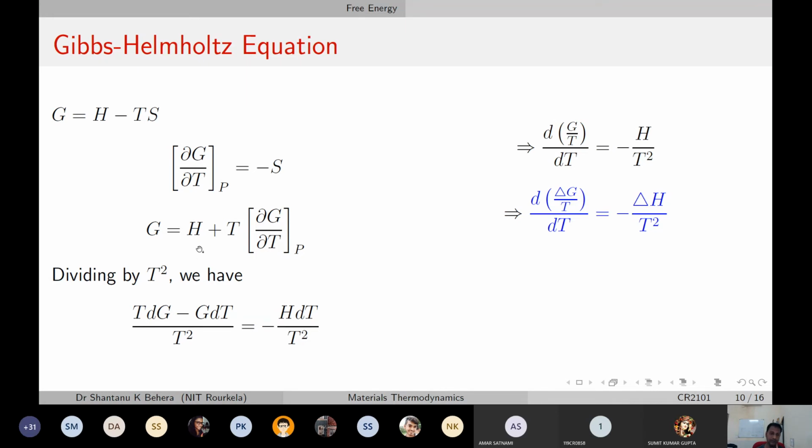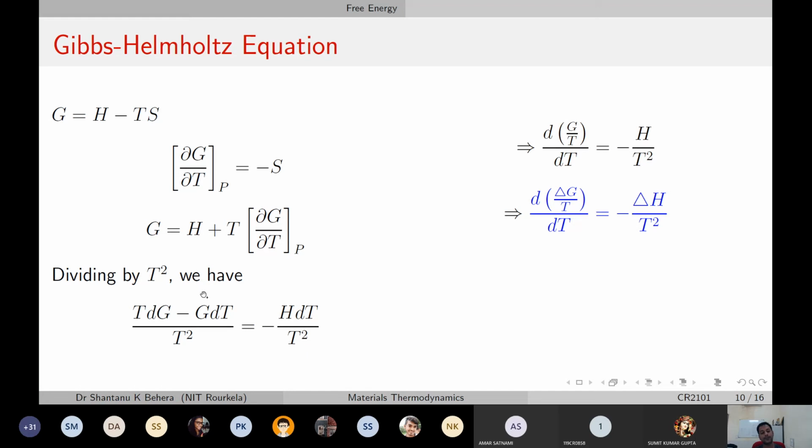Now, if you divide all of this by T squared, and you take the H to this side and the G to that side, you are left with T dG minus G dT over T squared is minus H dT over T squared.